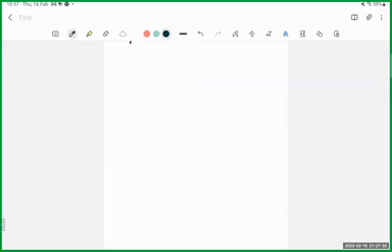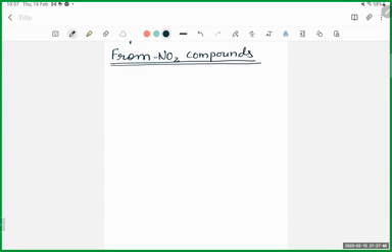So let's begin with the first reaction, from nitro compounds. So from nitro compounds, how do we do this reaction? Let's see over here. We write the compound benzene nitro group.